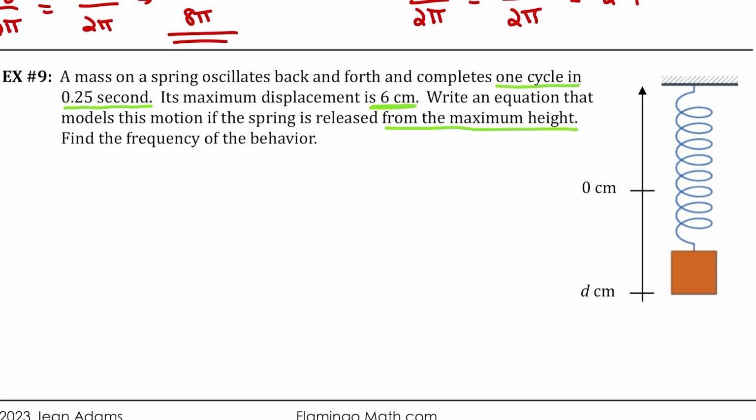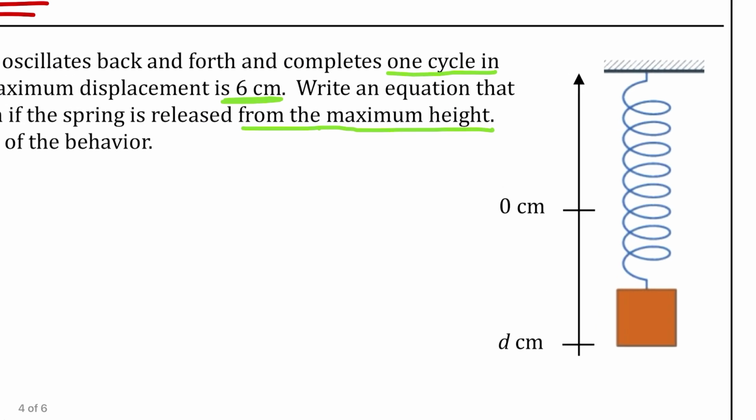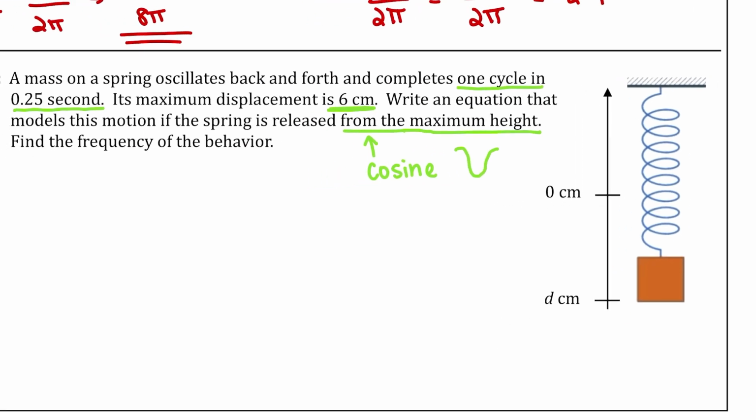We have to recall when this is going to be a sine or a cosine equation. And since it's being released from a maximum, thinking back to our key points of sine and cosine functions, this is going to have to be a cosine, since cosine starts from a max and then dips down and ends in a max. So that's why I'm picking cosine here.